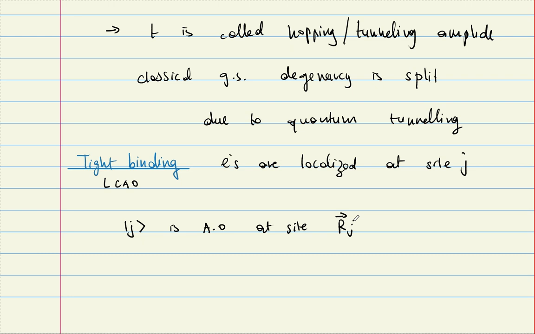Sometimes I'm not going to write vectors at some point. And what this means is, in the Dirac notation, if you do this, it's going to give you the ground state at site R_j. If you want, you can think about this like the ground state of a hydrogen atom, for example.